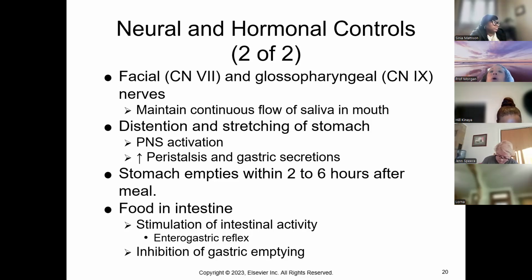Histamine from histamine 2 receptors is released from the mast cells, and that causes an increased secretion of hydrochloric acid. When the chyme enters the duodenum, the mucosal cells will then release secretin and cholecystokinin. The secretin will decrease gastric secretions and increase bicarb from the pancreatic secretions and bile, especially when the chyme is very acidic.